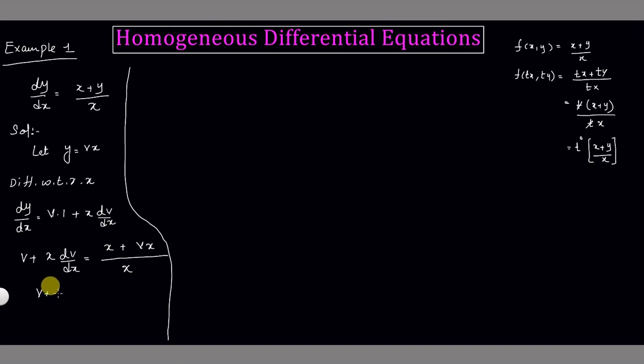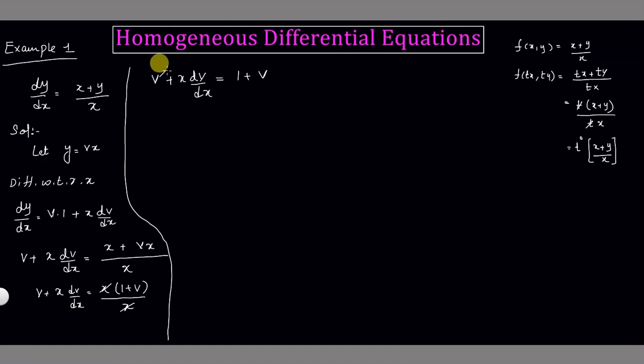v plus x dv over dx is equal to, if you take x common out of the bracket, it will be cancelled out with the x in the denominator, and further you have v plus x dv by dx is equal to 1 plus v.